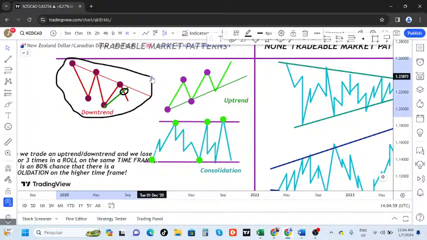And this is us talking about probability. Okay, we are looking for a probability trade, and we want to have more wins, like 7 times out of 10. If we do that, 7 times out of 10, we are going to have more winners than losers.